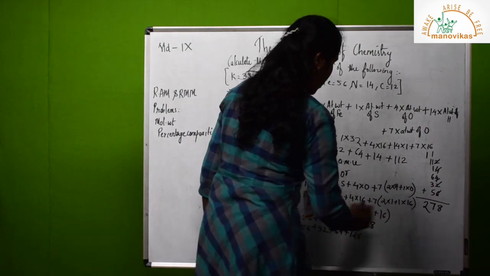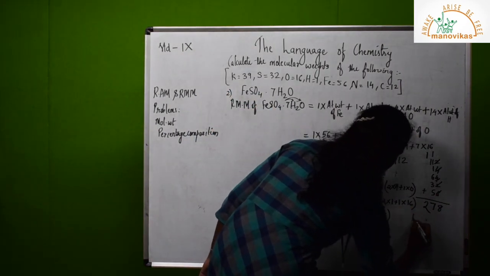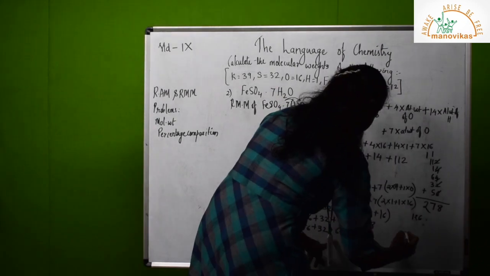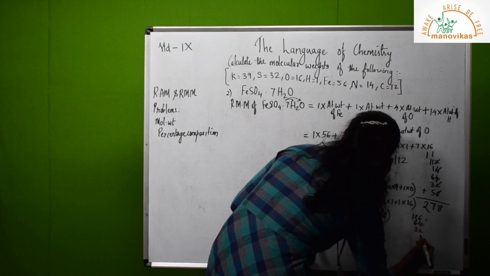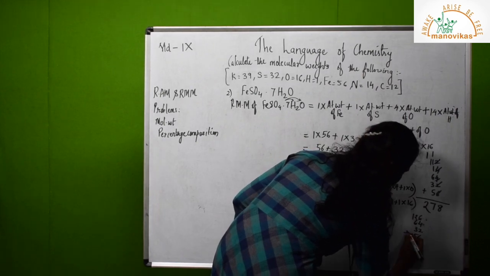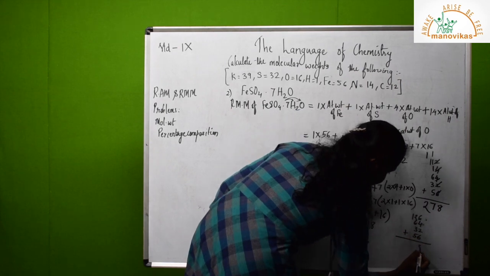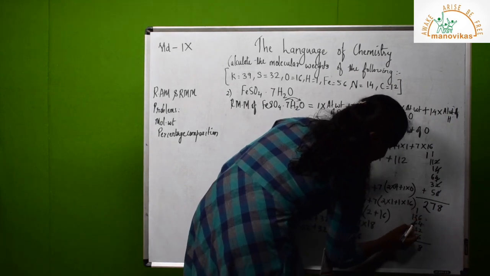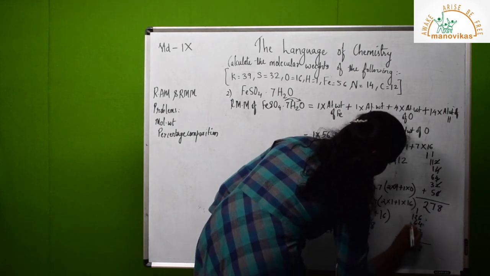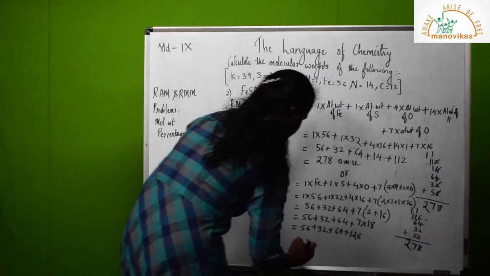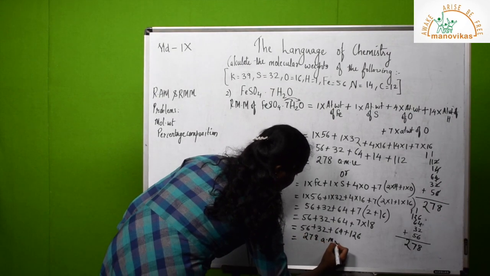So do the addition. 126 plus 64 plus 32 plus 56. 10, 16, 17, 18. Carry over 1. 6, 9, 10, 11, 12 plus 5, 17 and 2. So this will come to as 278 AMU.